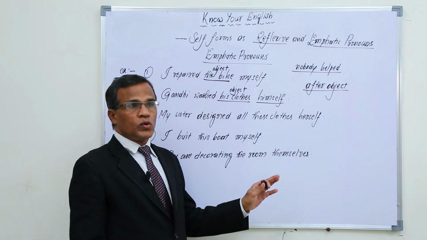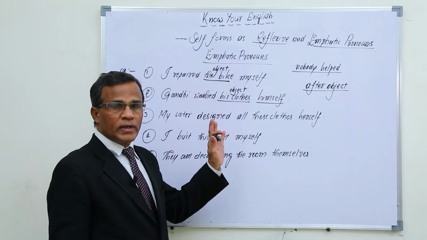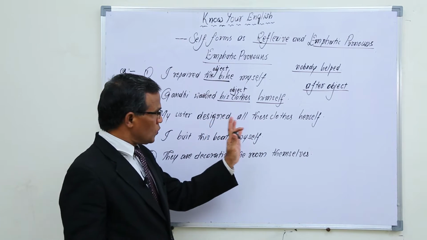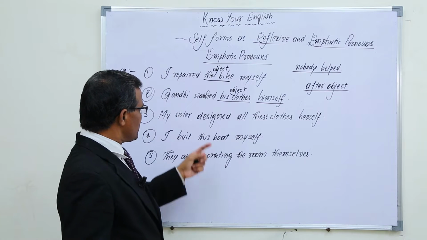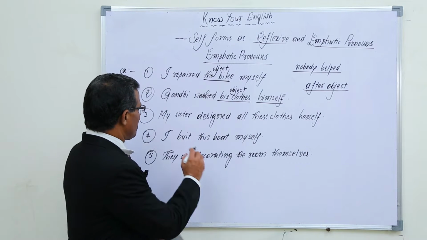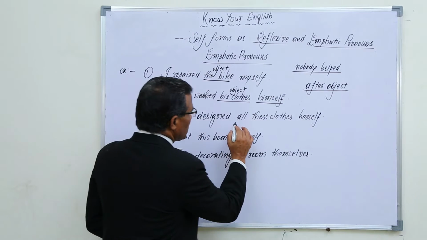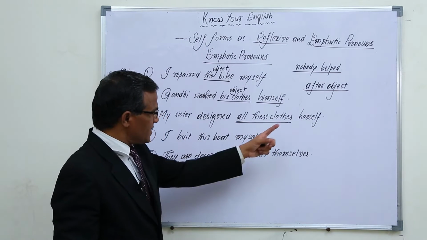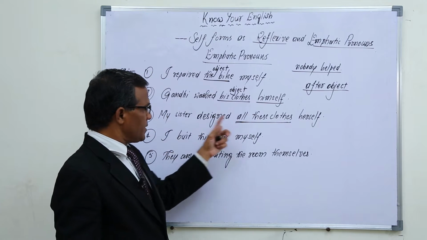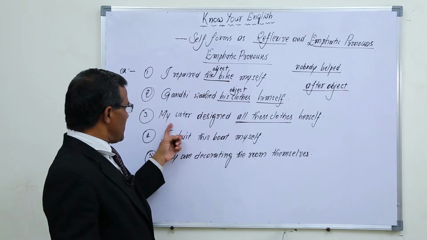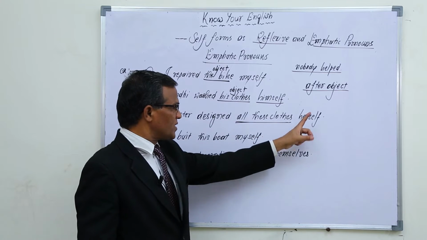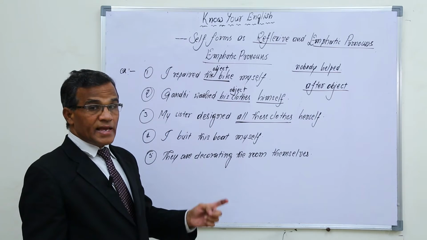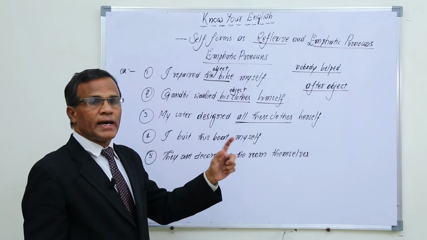Only Gandhi washed the clothes himself. My sister designed all these clothes herself. All these clothes is the object, but after the object we are using herself, because it is my sister. My sister designed all these clothes herself means in designing the clothes nobody helped her.